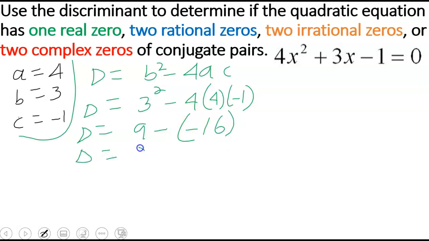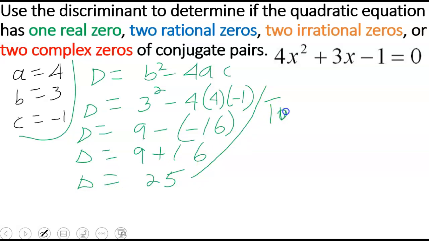So that's 9 plus 16. 9 plus 16 is 25. So the discriminant is positive. Again, there are two real solutions. But 25 is a perfect square, so they are not just two real solutions, they are actually two rational solutions.